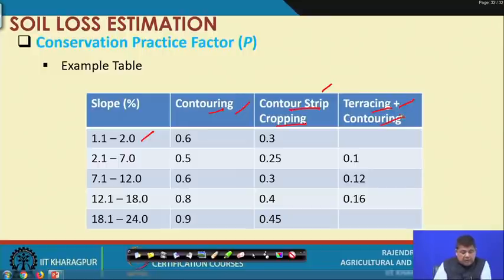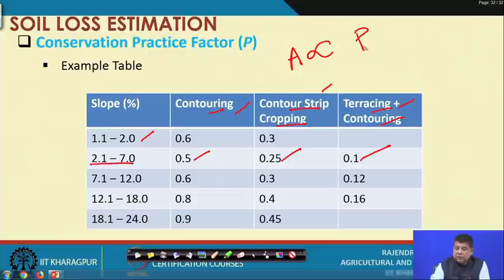For example, if the slope is between 2.1 to 7%, for contouring the value is 0.5, for contour strip cropping the value is 0.2, and for terracing and contouring the value is 1. From the equation, A is directly proportional to P. So, the larger the value of P, the greater will be A.